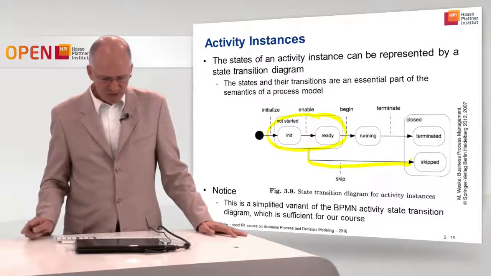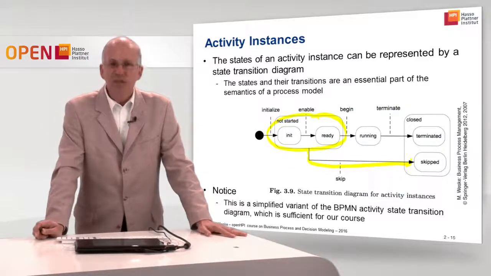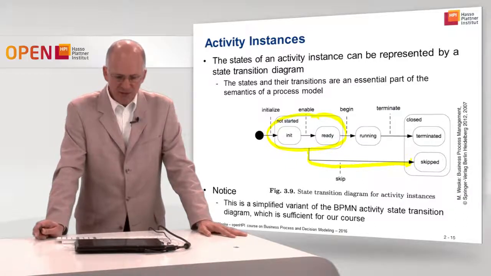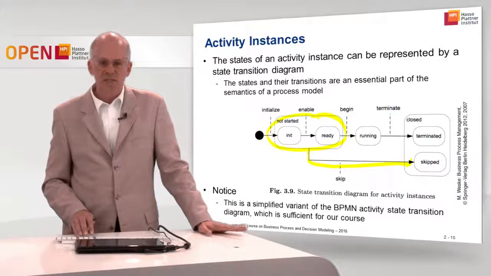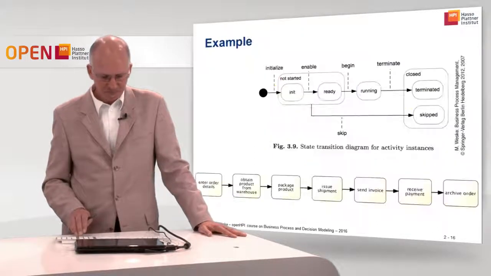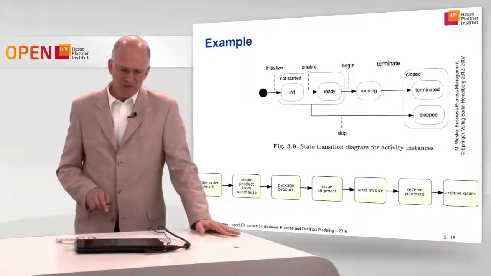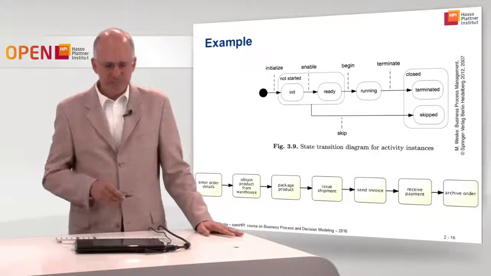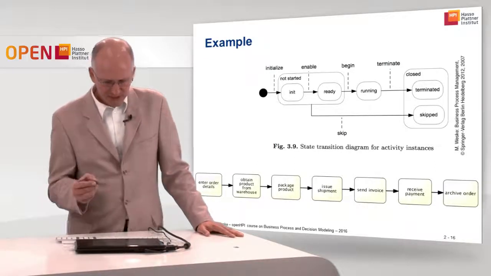I also like to mention that this state transition diagram is a simplified variant of the standard BPMN activity state transition diagram, but this simplification suffices for the purpose of our course. Right, so the example mainly went through all the material related to activity state transitions of activity instances.